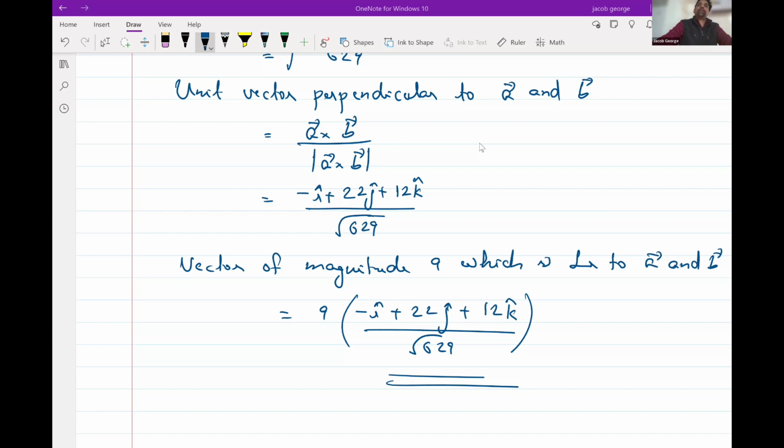That means if you write l i plus m j plus n k, it is a unit vector. All these are there in the notebook, so please revise again and again until you get that concept clear.